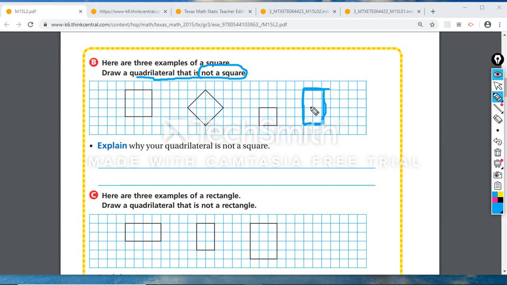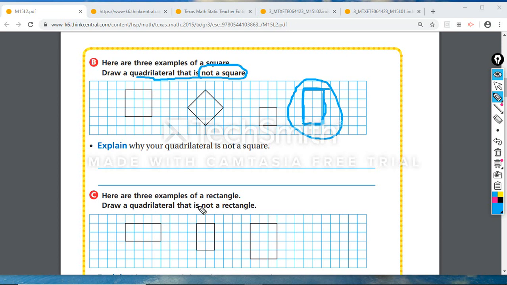These two are parallel, the same size, and these sides are the same size. And these squares all have sides of equal length. So this one is an example of a quadrilateral that is not a square. And it's a quadrilateral because it has four sides and four angles. But it's not a square because it does not have four sides of equal length.